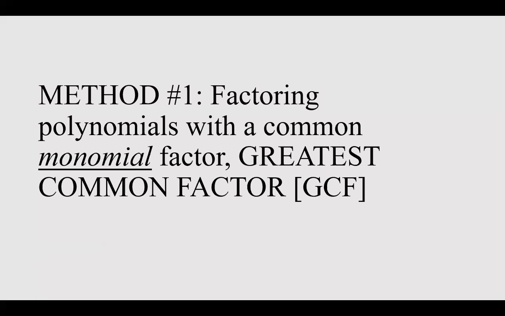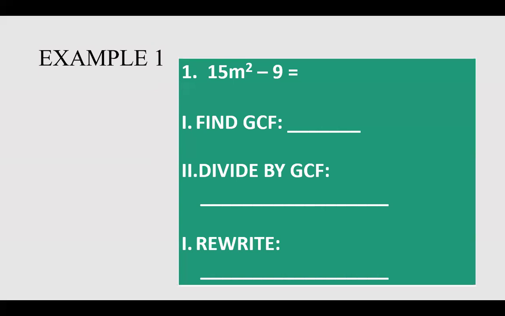I'm going to tell you when to write. All right, so we're on our first box. Using GCF, we have 15m squared minus 9. We're going to go through the process of factoring. When you are factoring, you are separating literally your factors, so you're going to have 2 pieces that come together.